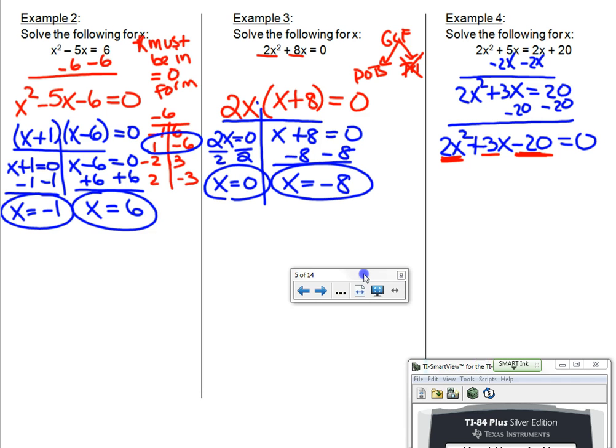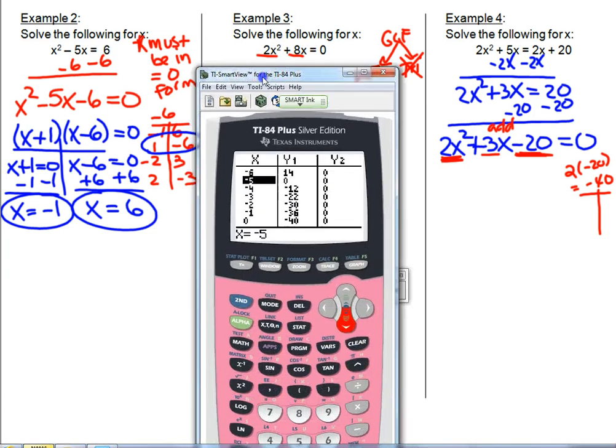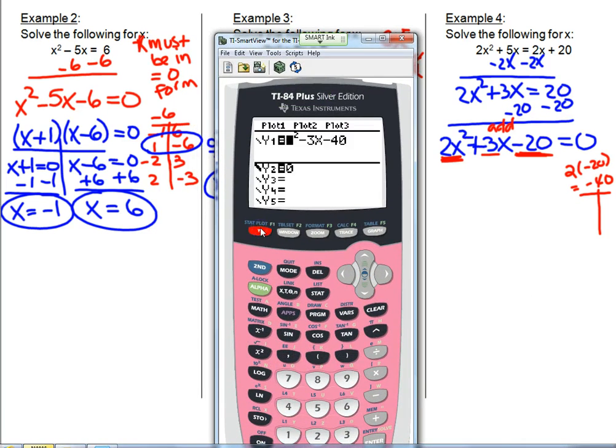And we multiply those together, and then we figure out all the factors of -40 that add up to 3. But we're not using the 20, we're using the -40. So I'm going to let my calculator do that.